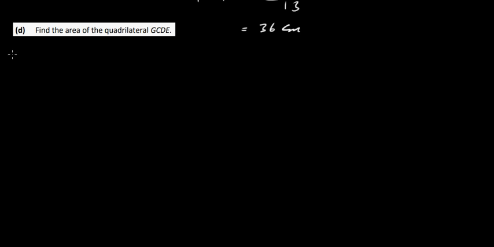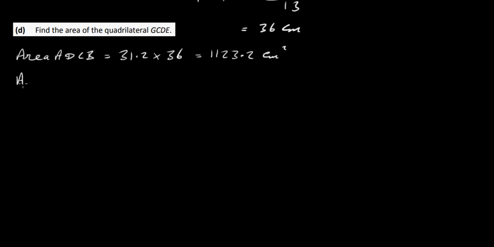Okay, so the area then of the entire rectangle is ADCB. Well, that's just the length times the width, which is 31.2 times 36. So when you do that, you get 1123.2 centimeters squared. Now we're going to find the area of these two triangles.